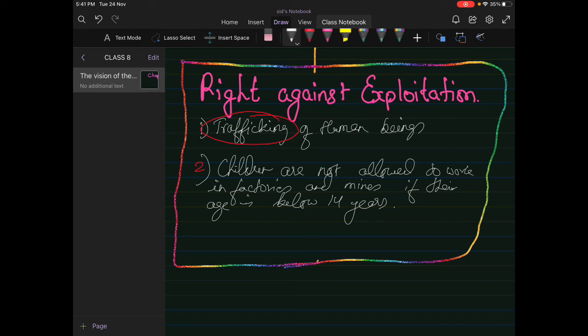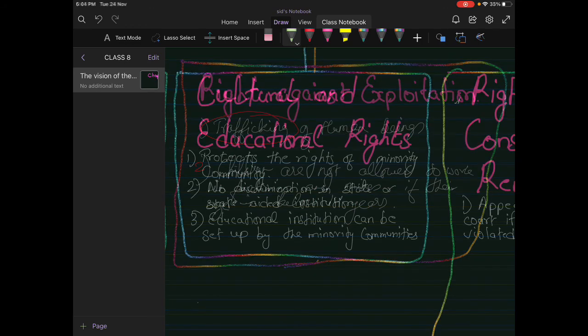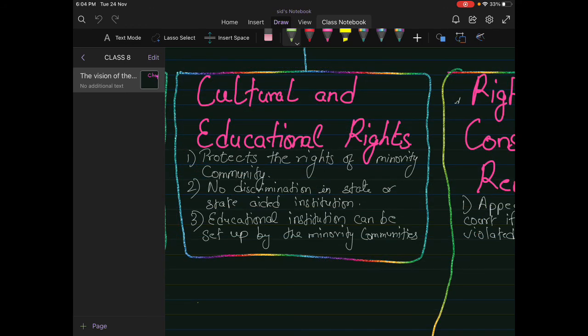So now let us move on to another right, the cultural and educational right. What this right does is it protects the rights of minority communities. For example, small minority communities like Muslims, like our own Gorkha community and many other communities need protection.